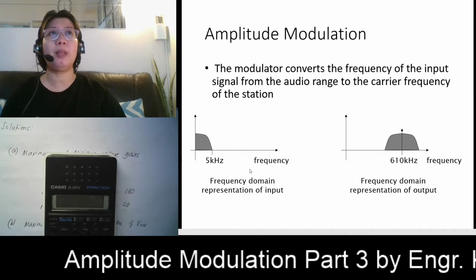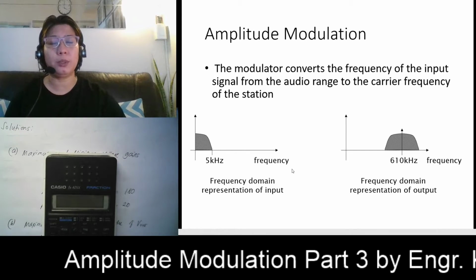For example, our station is 610 kilohertz. The carrier frequency of the station ranges from 605 to 615 kilohertz with a 10 kilohertz bandwidth. That bandwidth is the allotted bandwidth for AM transmission, from 605 to 615 with the center carrier frequency equivalent to 610 kilohertz.